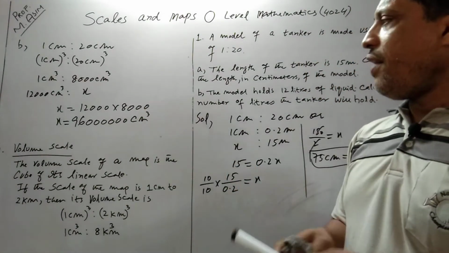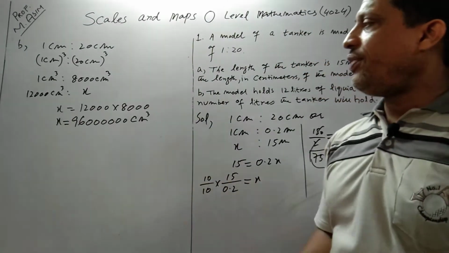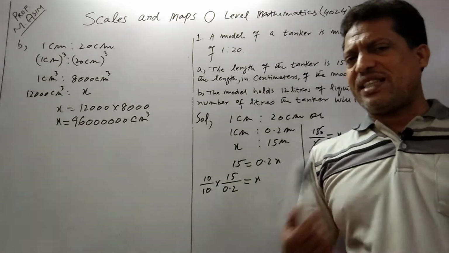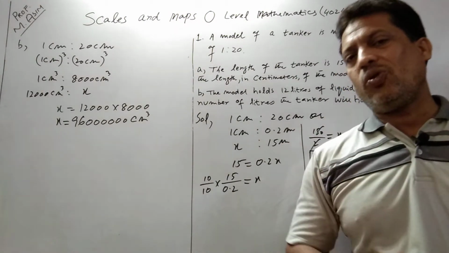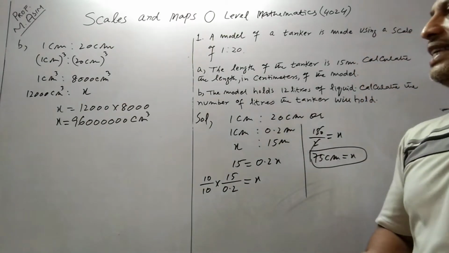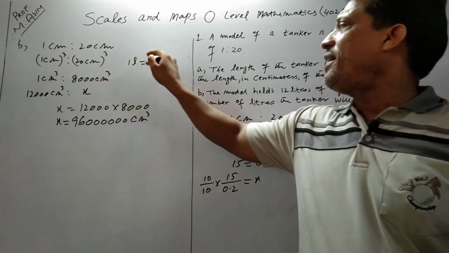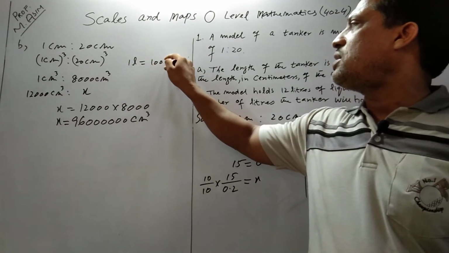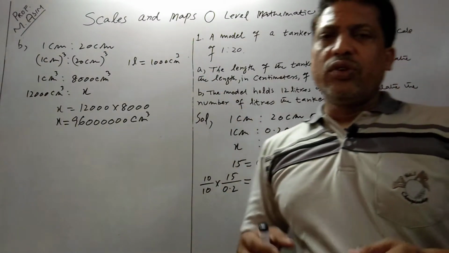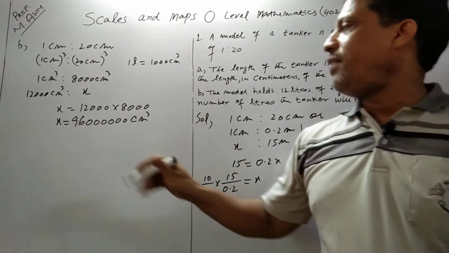But if the requirement is, for example, to write the answer in liters, no problem. You can easily convert this centimeter cubed into liters, because you know 1 liter is equal to 1000 centimeter cubed. If you go from a smaller to a bigger quantity, you always divide.